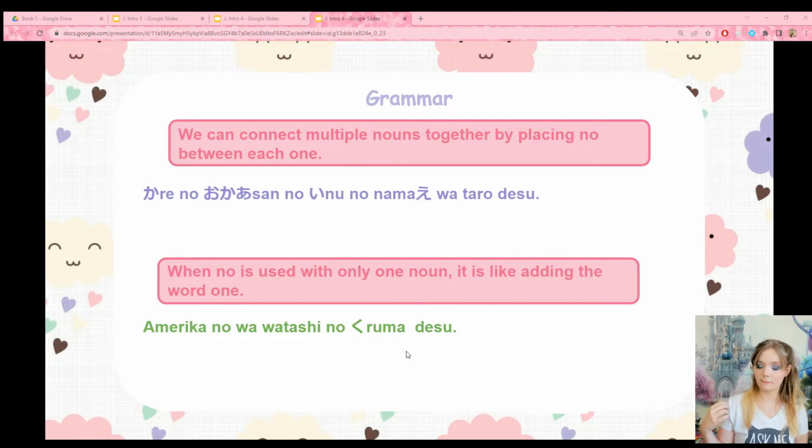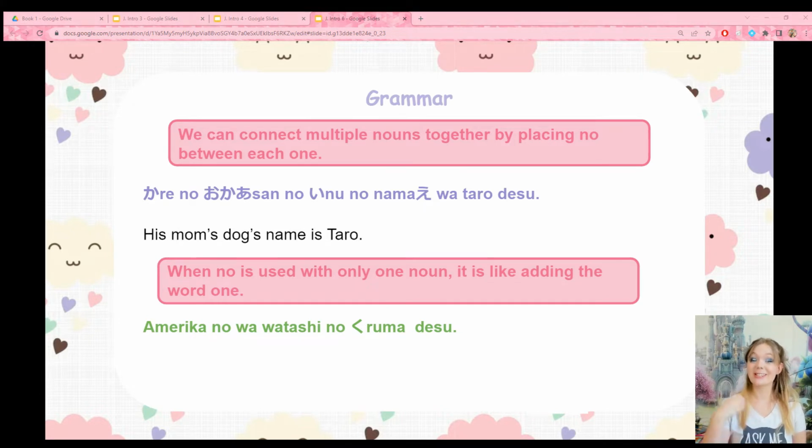What do you think? 彼のお母さんの犬の名前は太郎です。So, 彼の, his, お母さんの, mom's, 犬の, dog's, 名前は, name, 太郎です。What does this mean? His mom's dog's name is Taro.